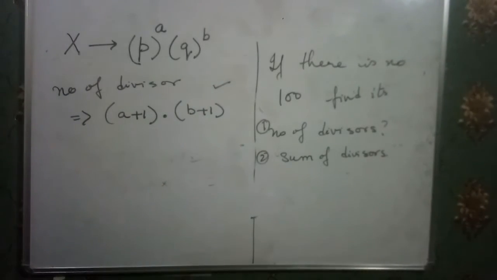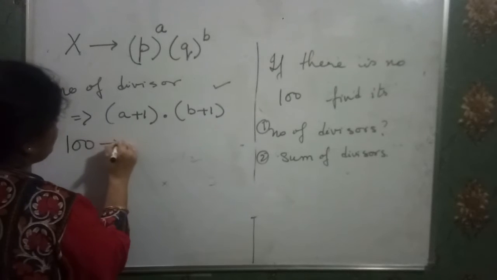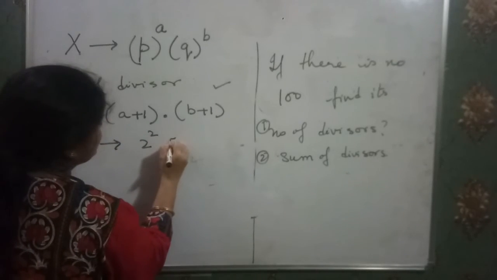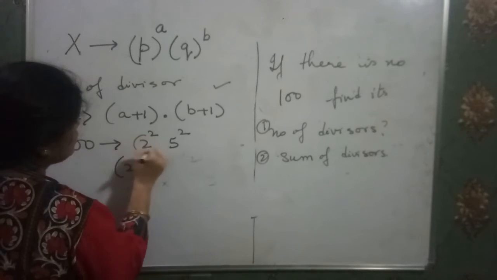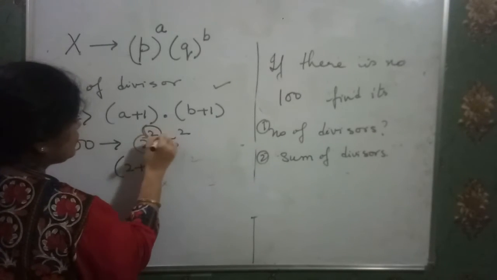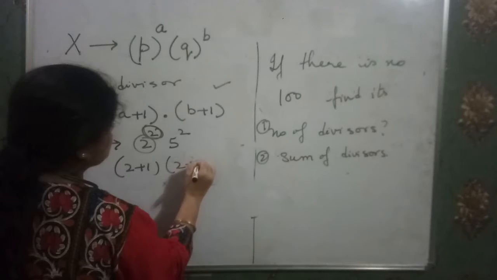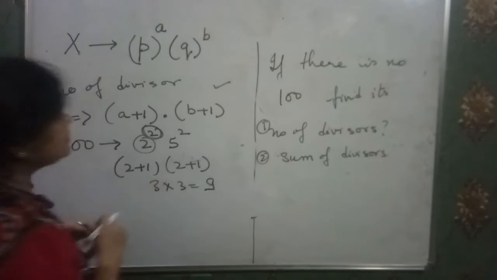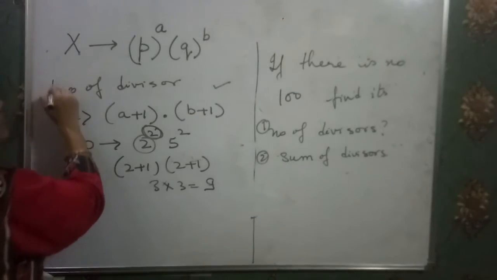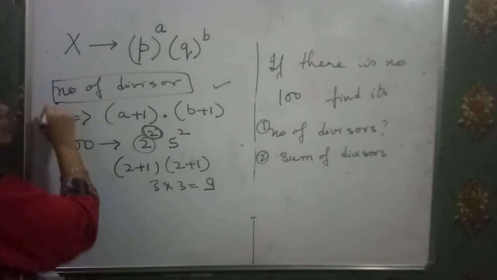Clear? So as I take it in 100, we have 2 to the power 2, 5 to the power 2. So we have 2 plus 1, that means 3 into 3. That is 9. So that is how you find the number of divisors. I think it is clear.